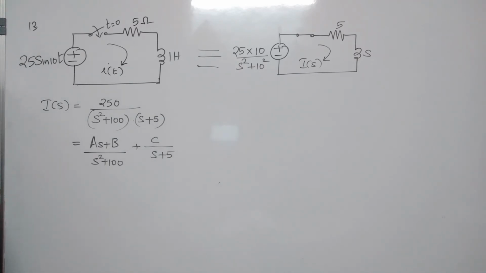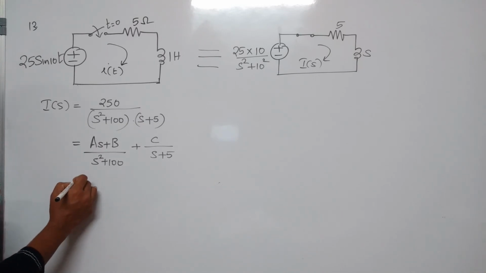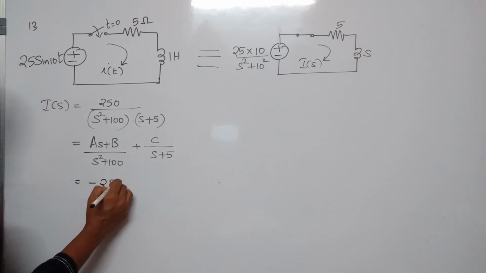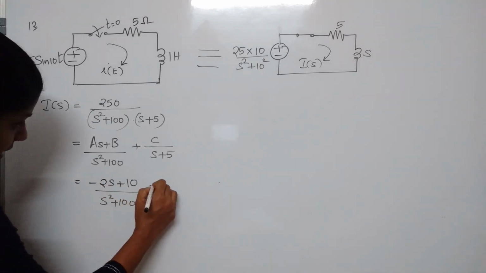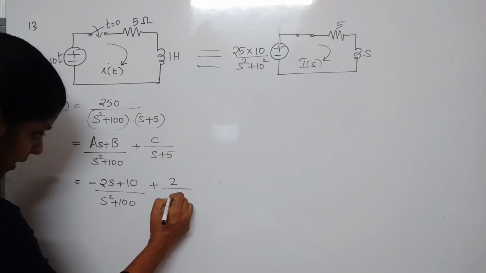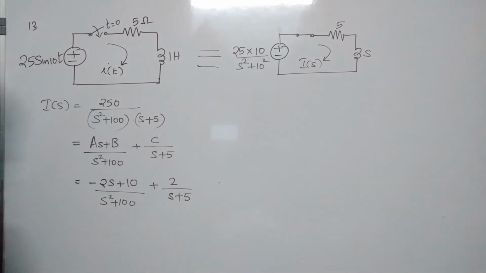On simplification, we'll get it as minus 2S plus 10 by S square plus 100 plus 2 by S plus 5.